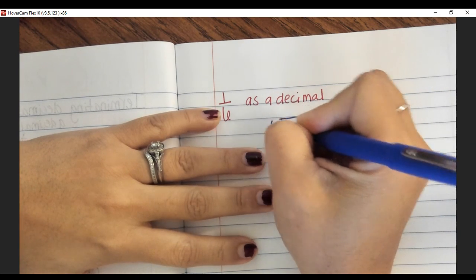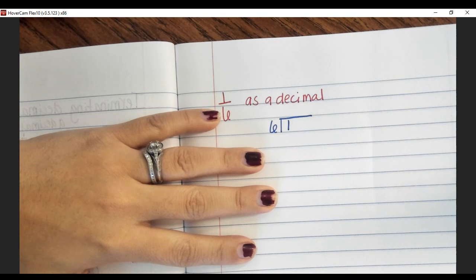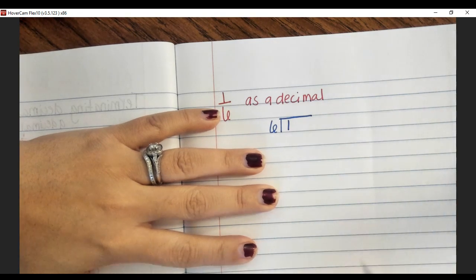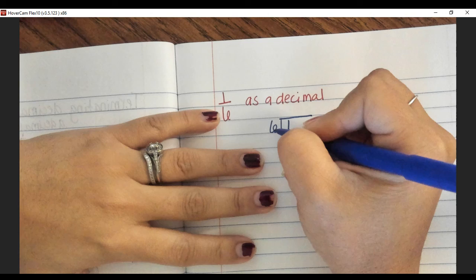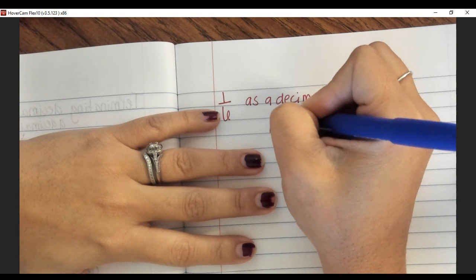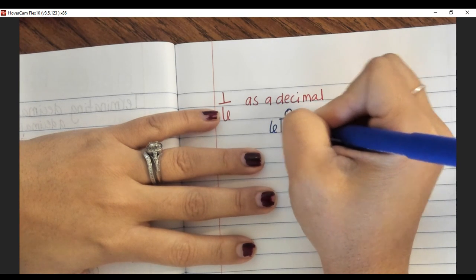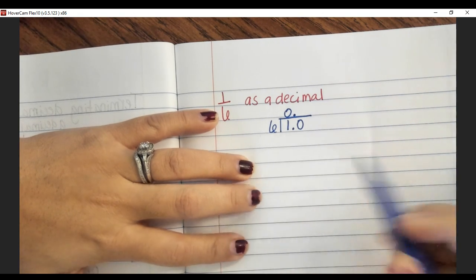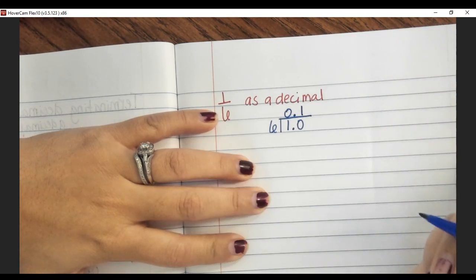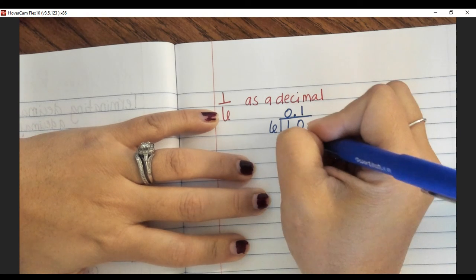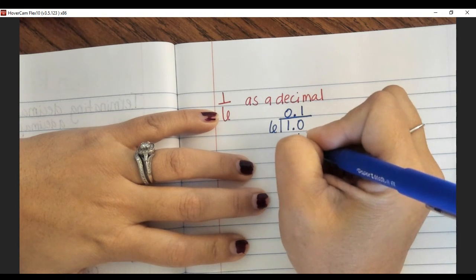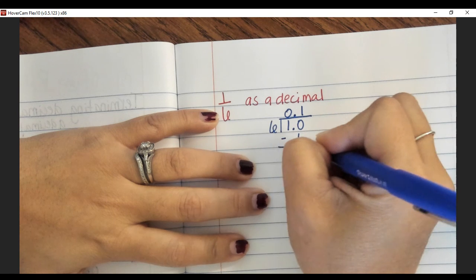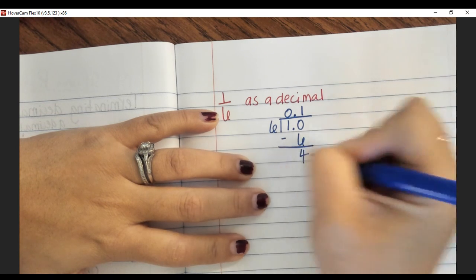So I have 6 and then I have 1. Okay, so now how many groups of 6 are in 1? There are 0. Add that decimal. Okay, so I'm going to ask how many groups of 6 are in 10? There's only 1. 6 times 1 is 6. I subtract. I'm left with 4.